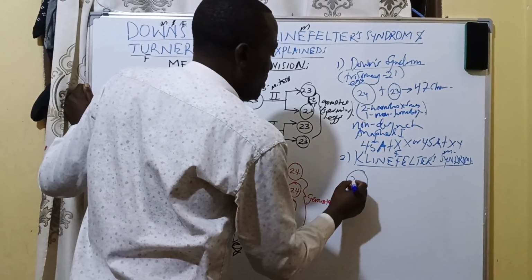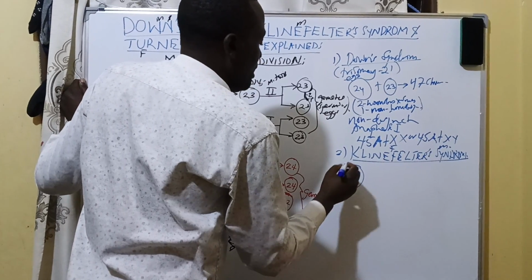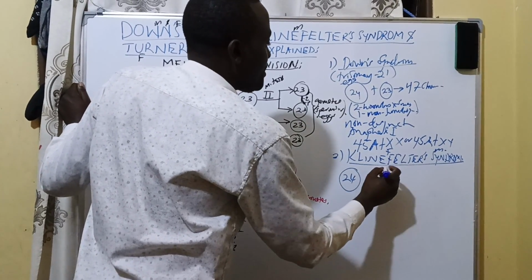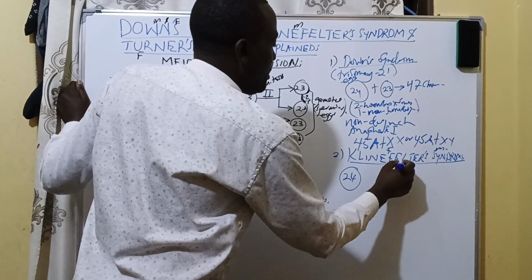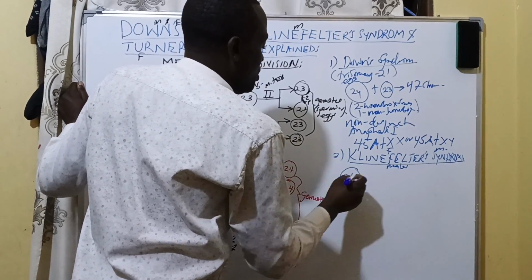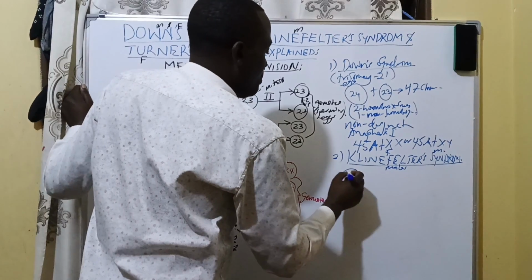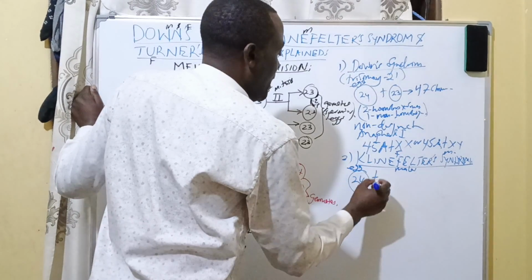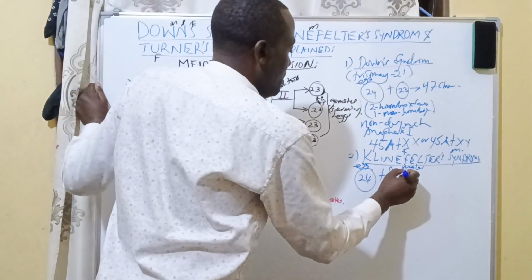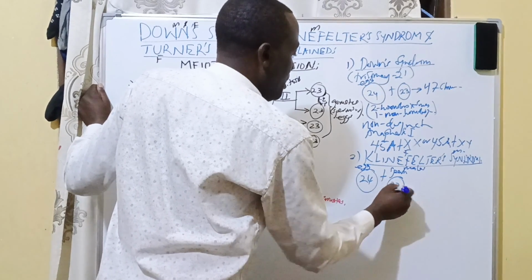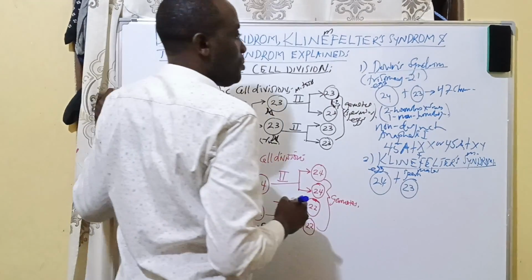An egg cell is going to come with 24 chromosomes. I told you that this one happens in males. The egg cell comes with 24 chromosomes, plus a sperm cell having the normal number, 23 chromosomes.